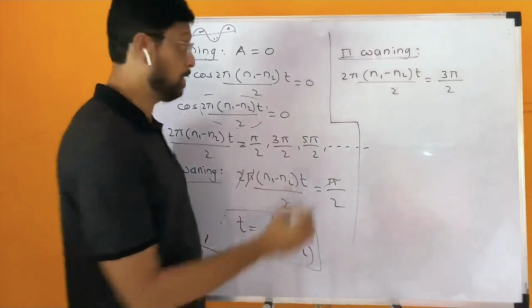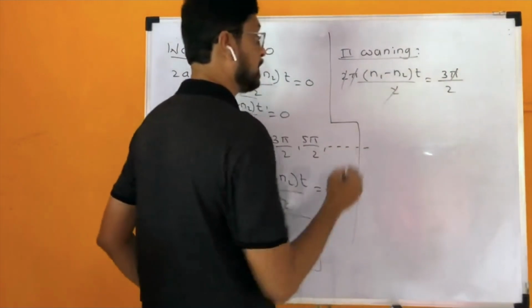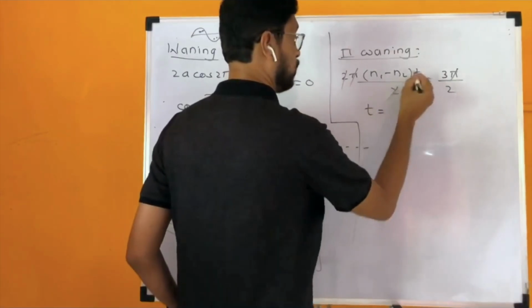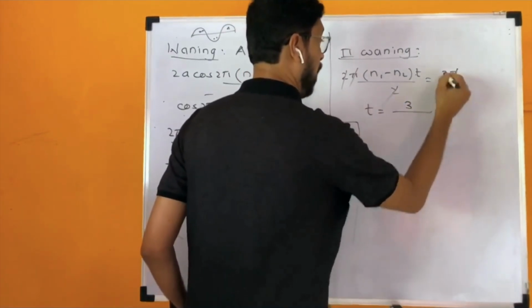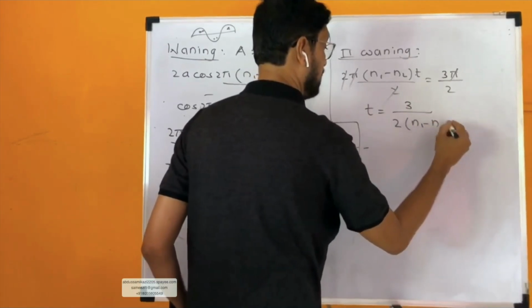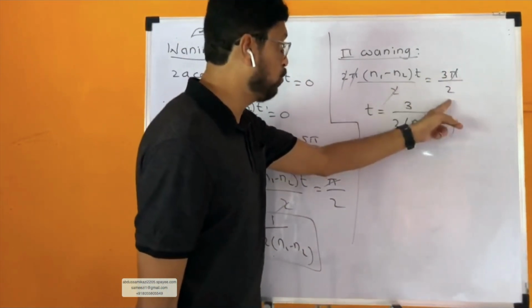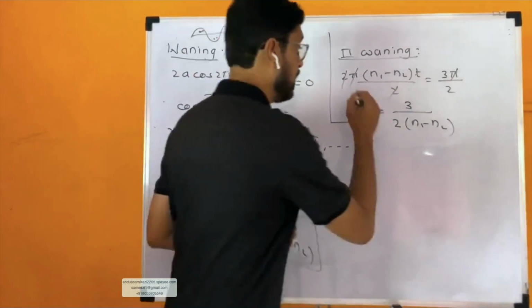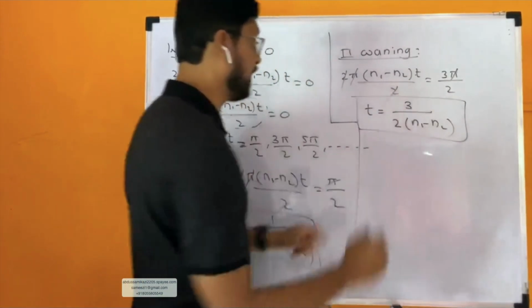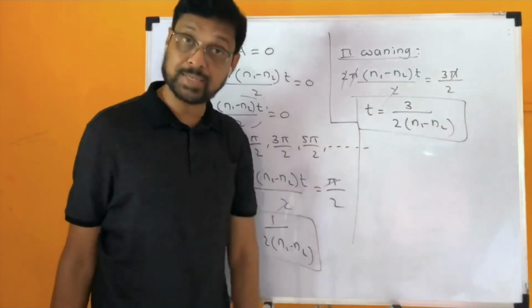Second waning, this 2 gets cancelled, π gets cancelled, so t is equal to 3/(2(n1 - n2)). Is it right? t is equal to 3/(2(n1 - n2)). So second waning will occur at time equal to 3/(2(n1 - n2)).